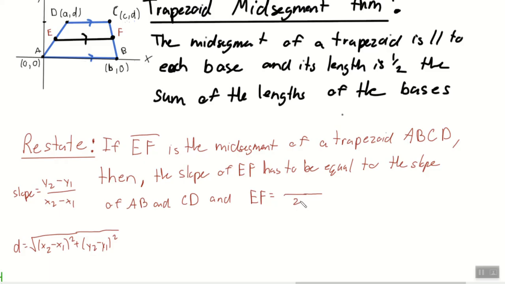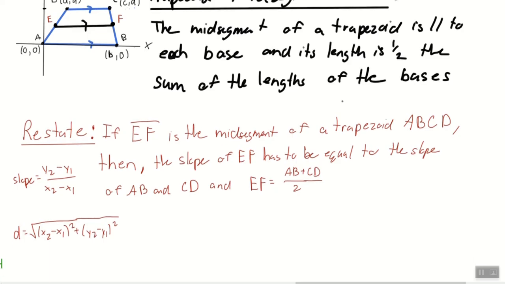So Vincent, what are my two bases? EF is parallel to what two sides? Yep, AB and CD. Okay, you guys have to prove those two things.